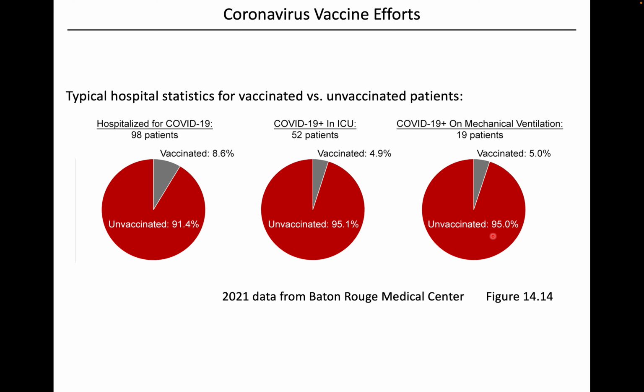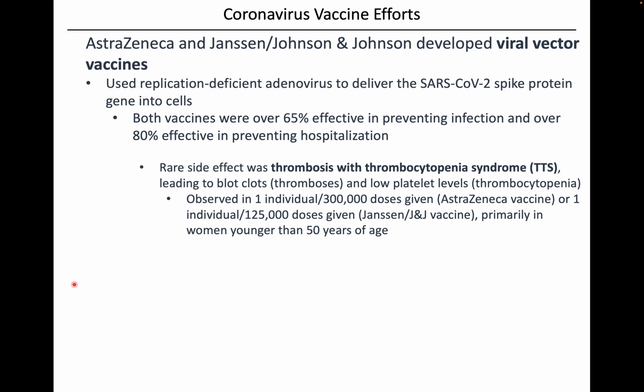Similar number, 95% of those that ended up on ventilators were unvaccinated. So the vaccines worked, right? They were not without some risk, but going to greatly reduce your risk of serious COVID-19 complications.